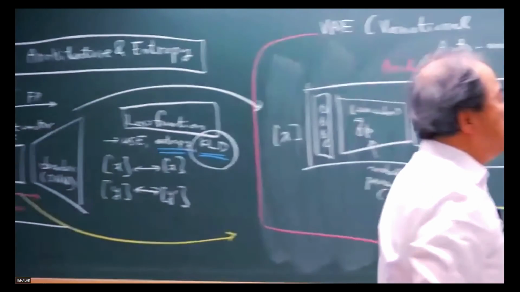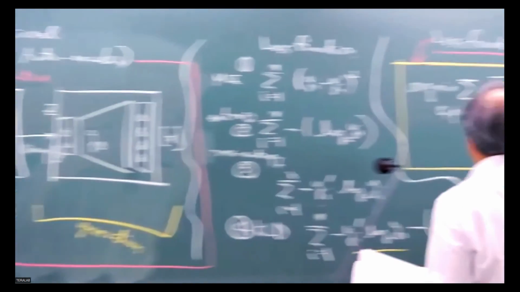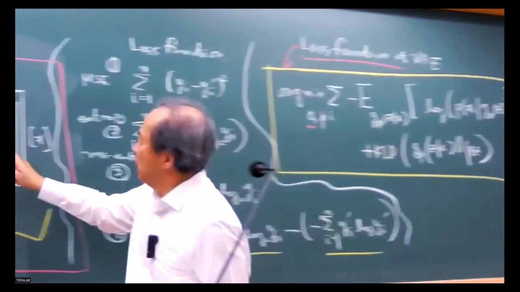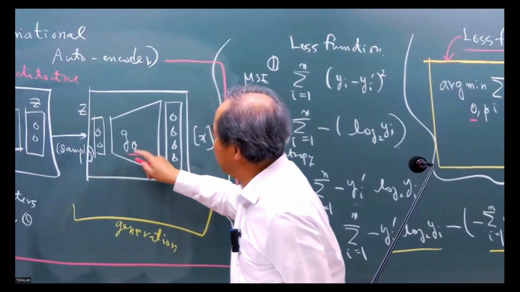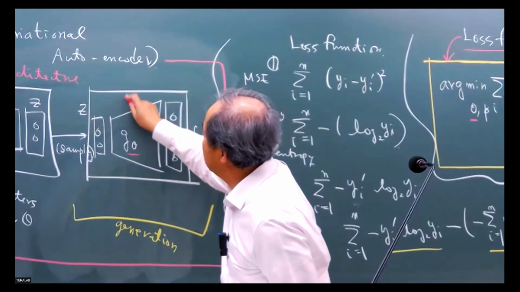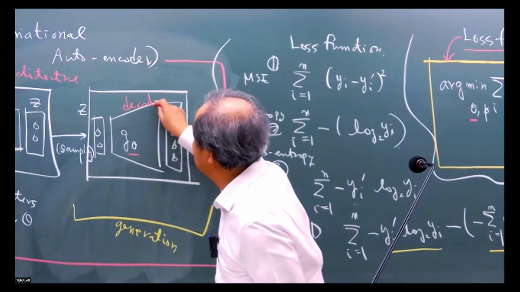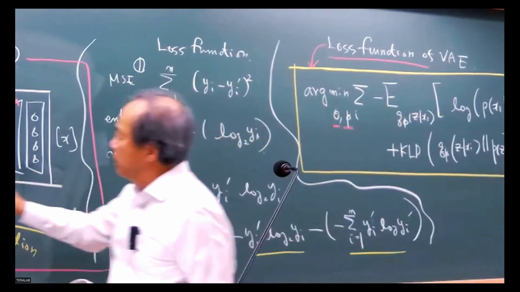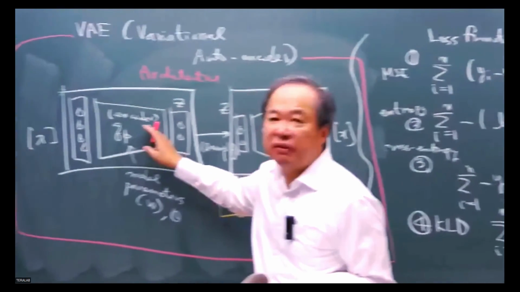Let's talk about the meaning of this loss function. Theta is the model parameters of the deep neural network of the decoder. Pi is the model parameters of the deep neural network of the encoder.